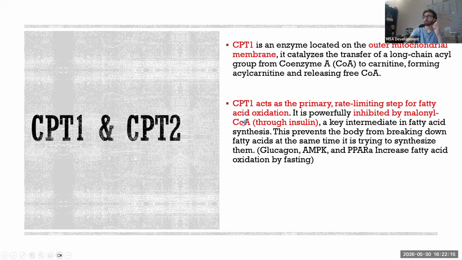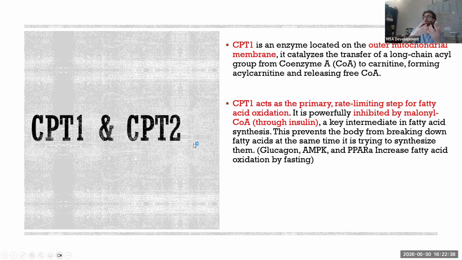Okay, how does malonyl-CoA inhibit CPT1? By insulin. Well, this has been asked before. Insulin will push malonyl-CoA towards CPT1 to inhibit it. Okay? Obviously this would prevent the body from breaking down fatty acids at the same time as trying to synthesize them.